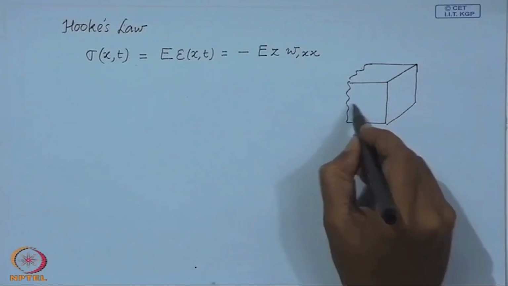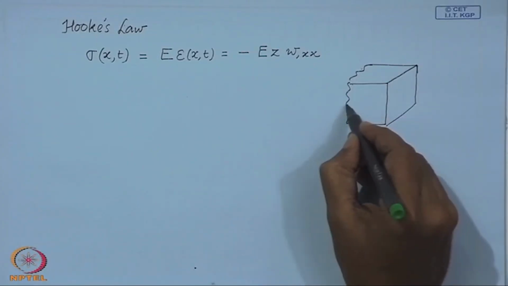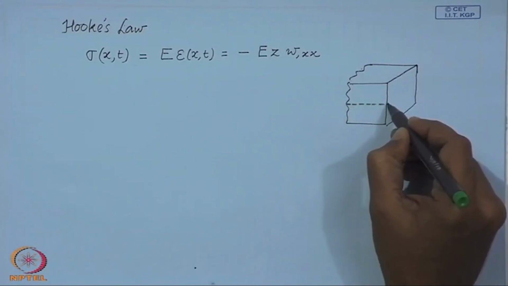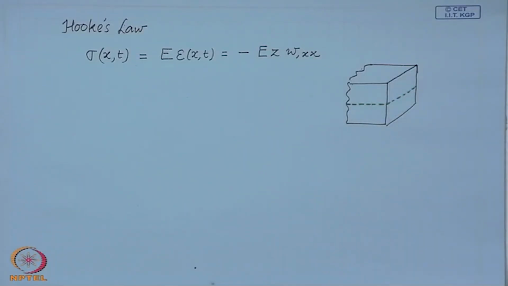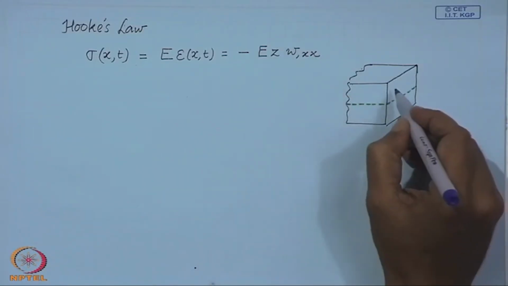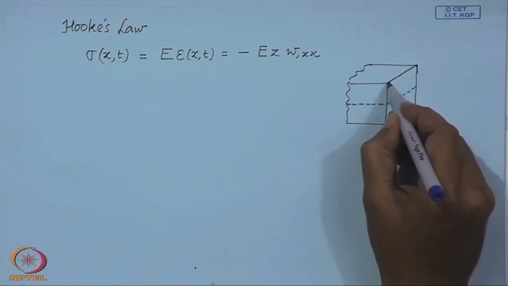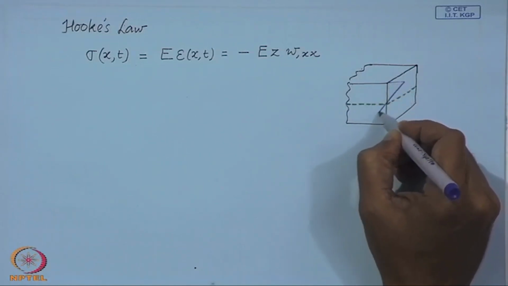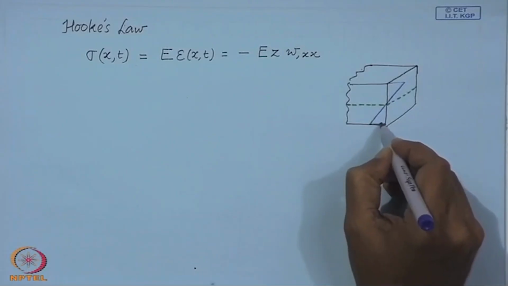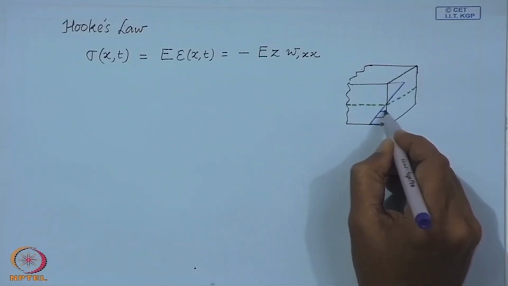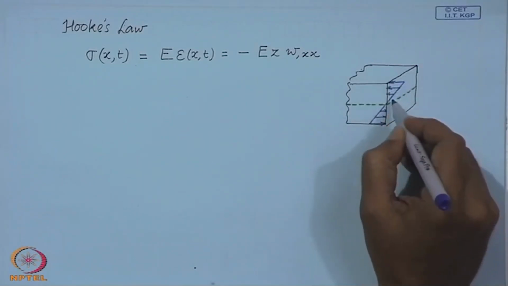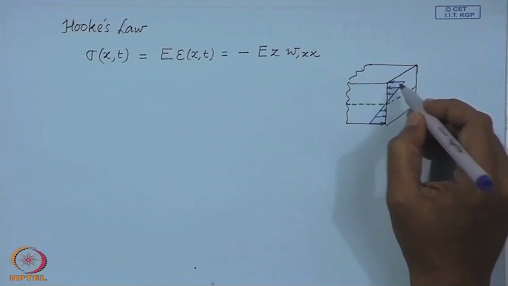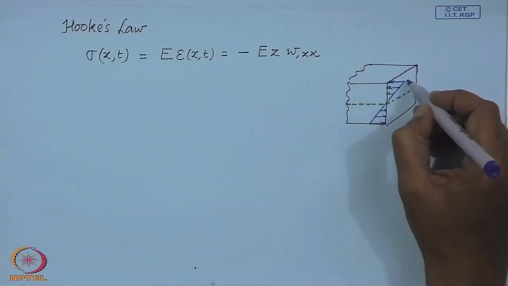So, this is the neutral fiber plane, and if you represent the stress, then if z is positive, we are measuring z from the neutral axis positive upwards.